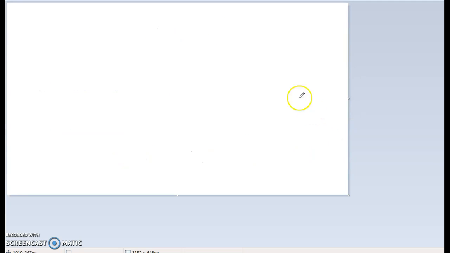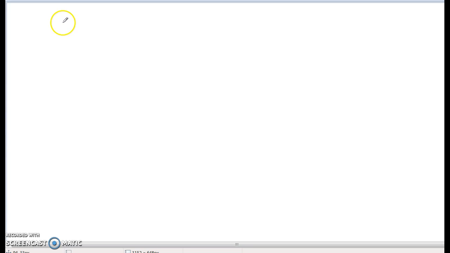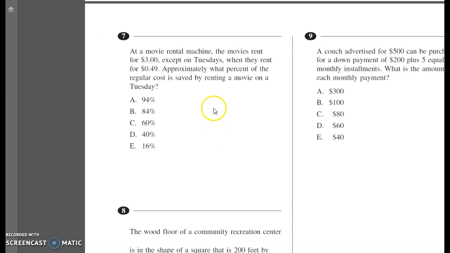What we're going to look at here is what happens when we rent on their sale day. So regular price is $3. Sale price is 49 cents. The question is, what percent of the regular cost is saved?